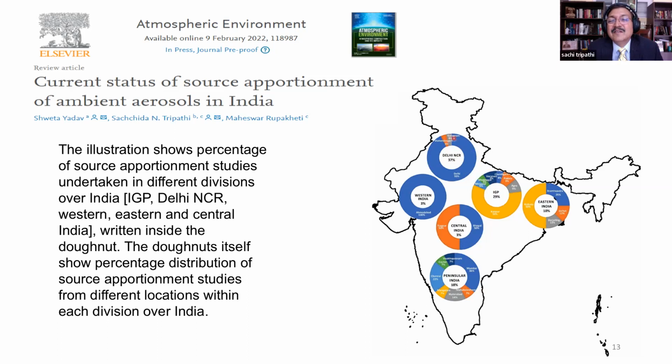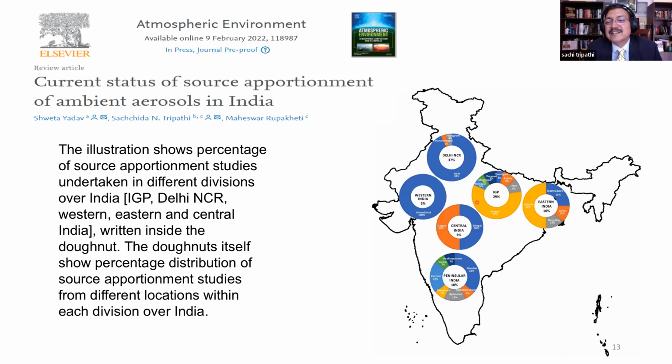And then if you look at the outer part of this, it shows how these studies have been distributed. Within Delhi NCR, you see most of them have been done in Delhi. A very small part is actually in Gurgaon. And then in IGP, it shows the fraction.